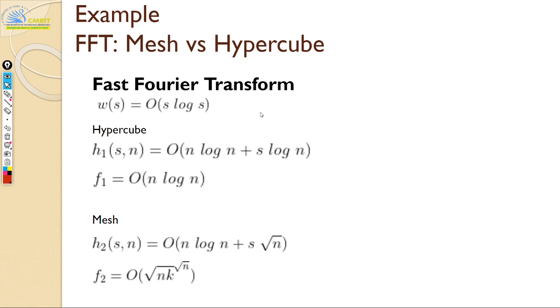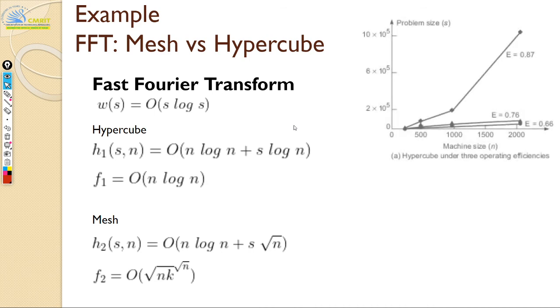So this is a bit complex. The moment you have something in exponential, that is dead. You really don't want to pursue in that direction. So if you look at your hypercube, when your problem scales, you have three different efficiencies.